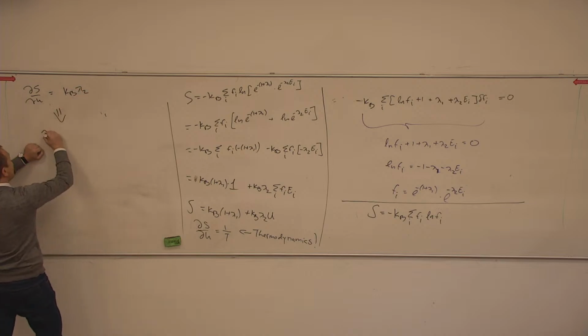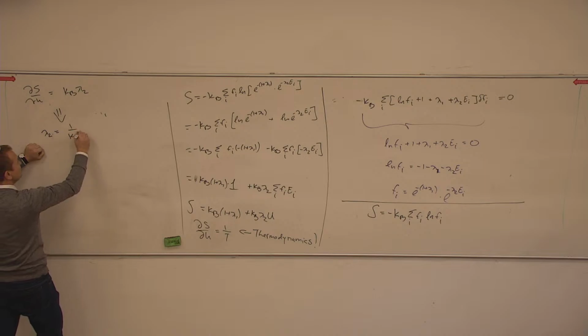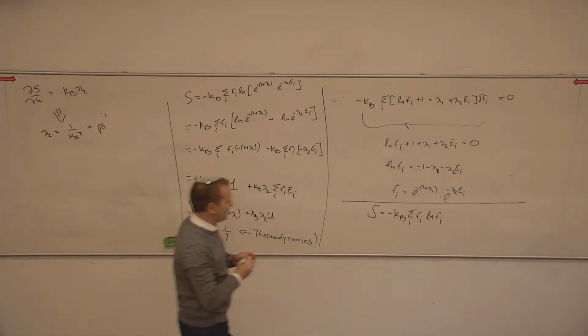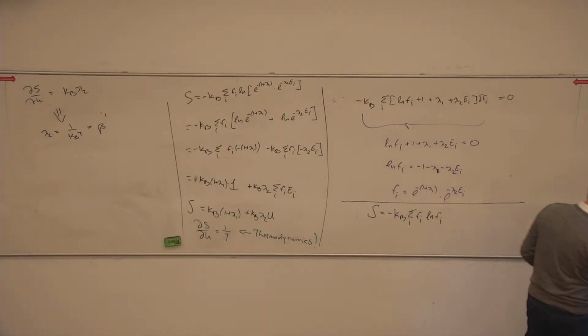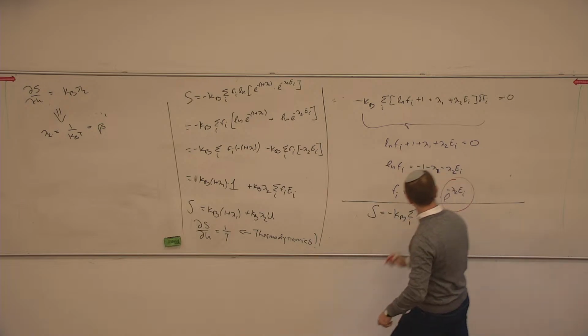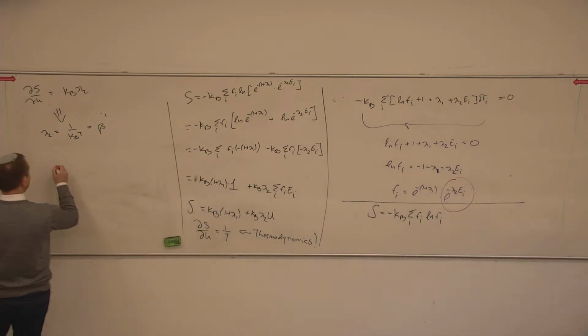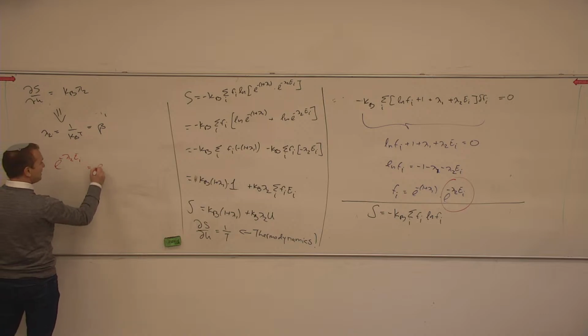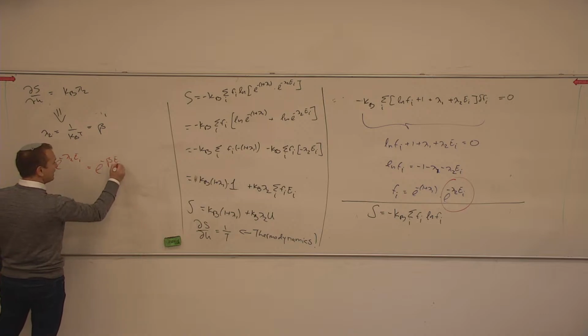Therefore, I obtain lambda 2 equals 1 over k Boltzmann T, which is beta. So we do see that e to the power minus lambda 2 E_i is simply e to the power minus beta E_i.